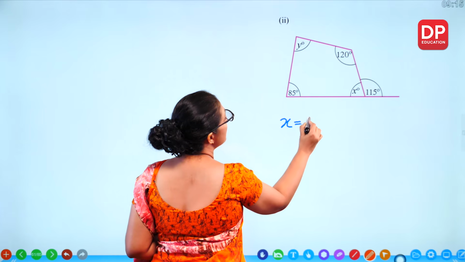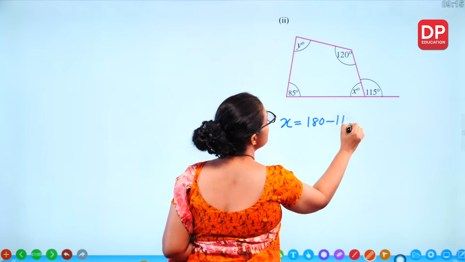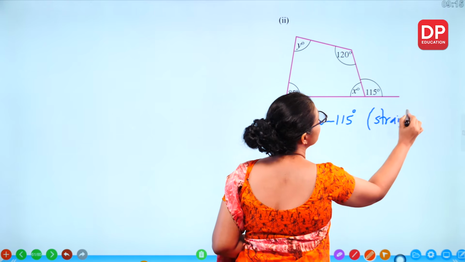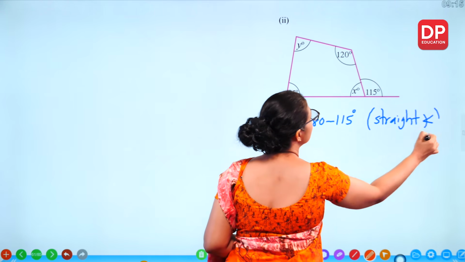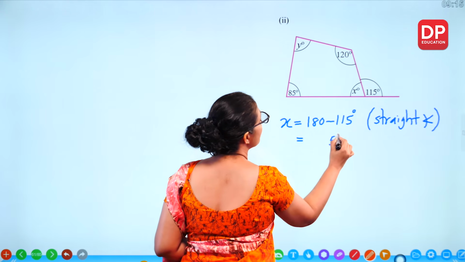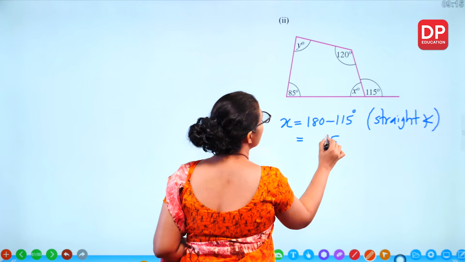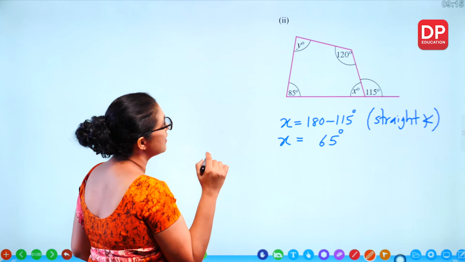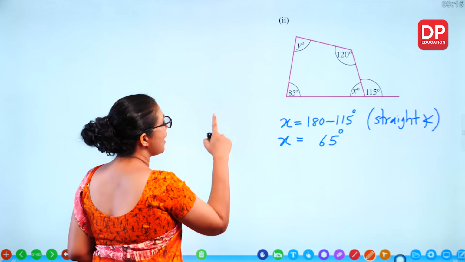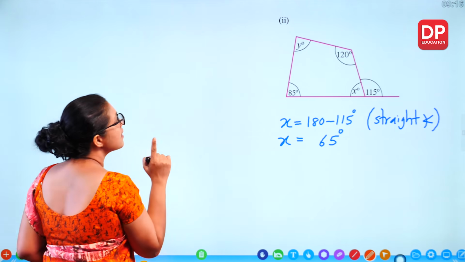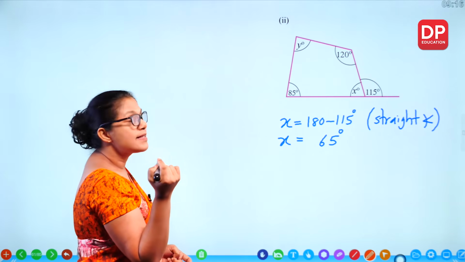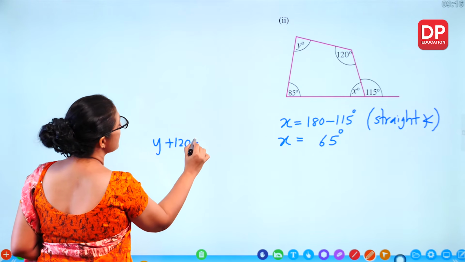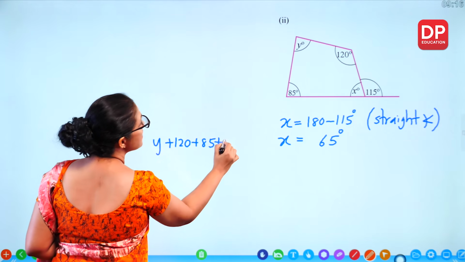This one, you can easily find out x first. What's x? 180 minus 115 because this is a straight angle. So 65 degrees. X is 65. You can find out y using the sum of angles in a quadrilateral. Y plus 120 plus 85 plus x.